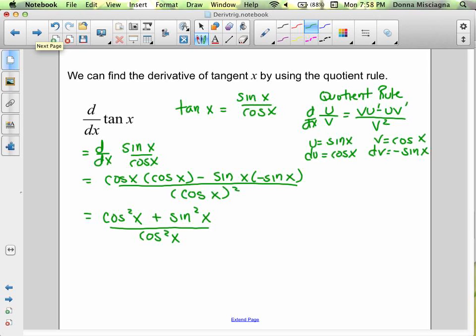Now, we could rewrite cosine squared x plus sine squared x. You're more likely to have seen it written as sine squared x plus cosine squared x with the two terms switched. But addition is commutative, and it doesn't matter the order we add two terms in.